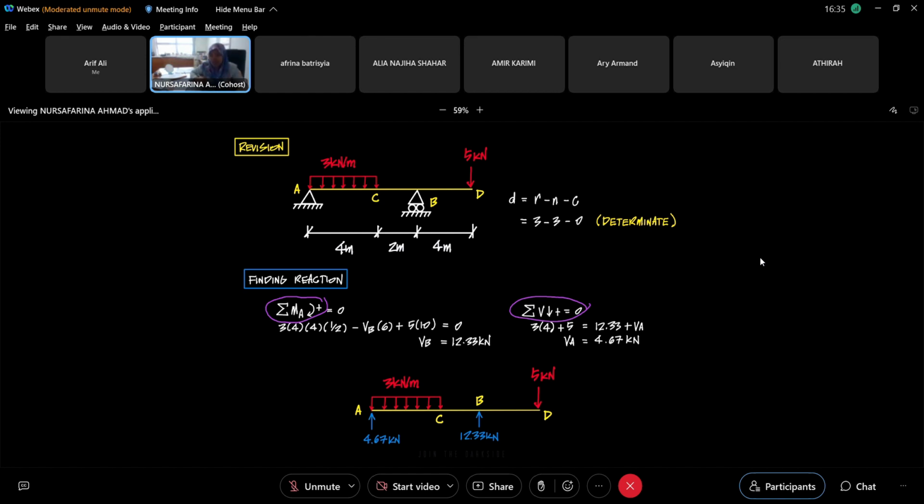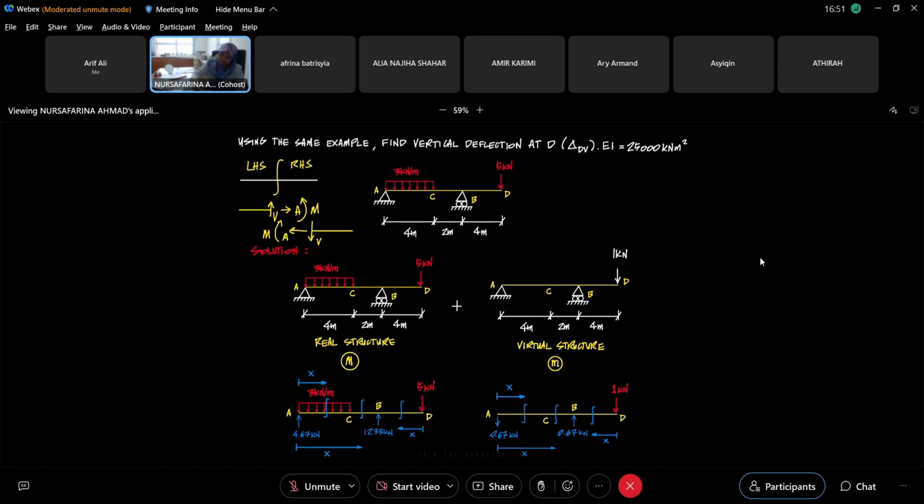If you say that clockwise is positive, you need to fix it from the start to the end. Why? Because you cannot mix them, otherwise your answer will differ and you will get the wrong answer. But this is fixed: the internal forces will come out like this. You cannot change this.